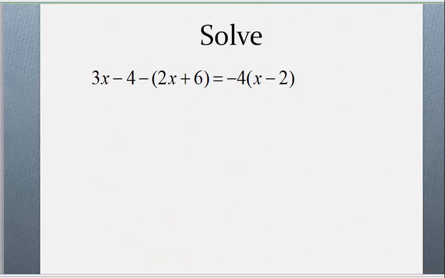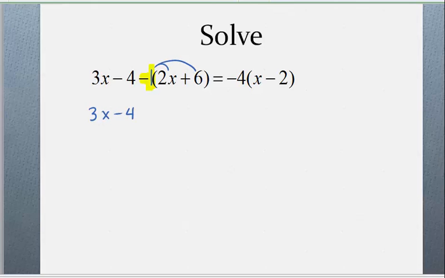The second example involves some more distribution and some more parentheses, a little bit different though. On this left side, out before my parentheses is a negative sign. So that's like having to distribute a negative 1. So for the left side, the 3x minus 4 is going to stay the same.